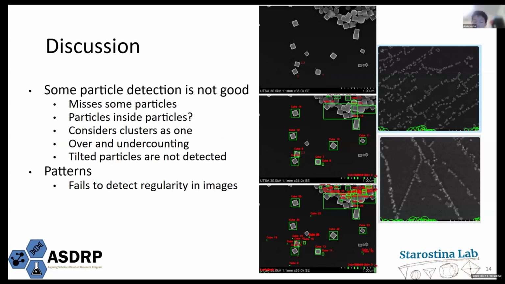What I've done is I've tried adjusting the contour area requirement for a particle to be considered a particle, but that has worked with varying success. Some images do better than others when I adjust the contour area. And an issue that we've had with adjusting the contour area is that the lower we set it to be, the more likely it is for parts of the scale bar to be considered particles.